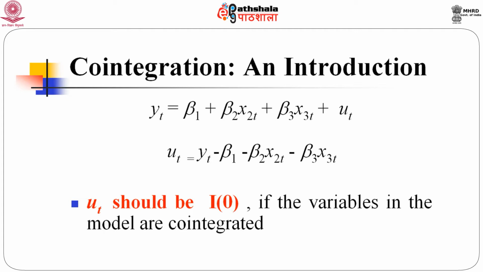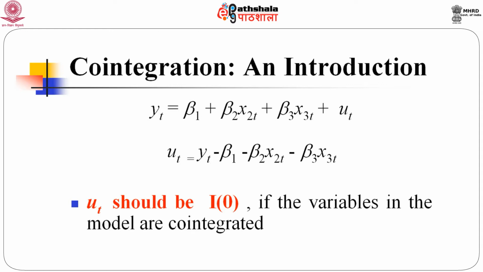So, in order to have co-integration, suppose you have three variables yt, x2t and x3t, all integrated of order 1. Then you regress yt on x2 and x3 and obtain the residual yt minus beta 1 minus beta 2 x2 minus beta 3 x3.